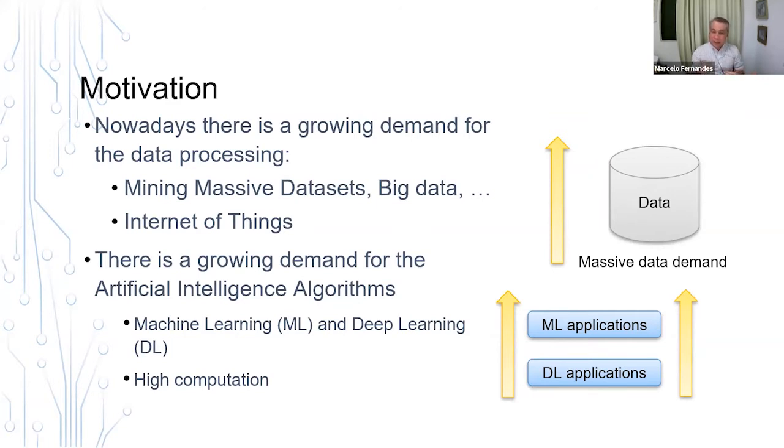But it's interesting because we have a growing demand for data processing, and a growing demand for machine learning and deep learning. But deep learning needs high computation, and this is the point now, because we have two big problems: deep learning needs high computation, and we have many data to process.